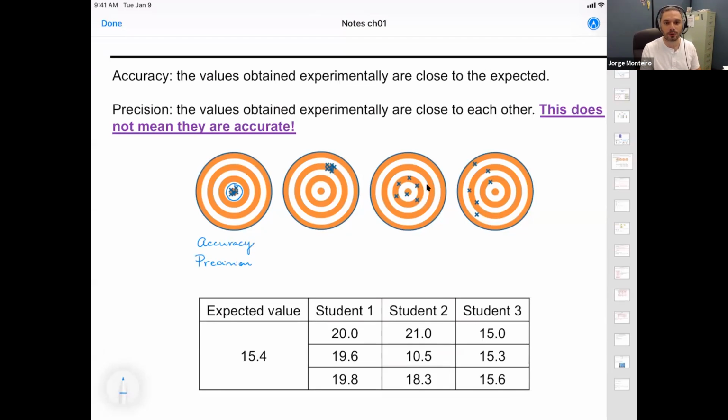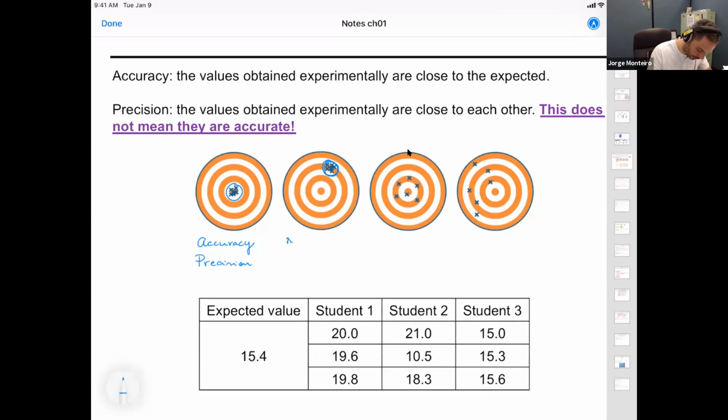Now let's take a look at the second person here. So the second person got all the darts in a very compact region here, but far from the bullseye. Now, all the values are far from what was expected.